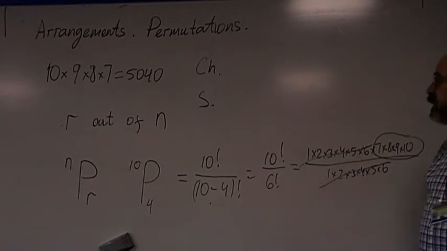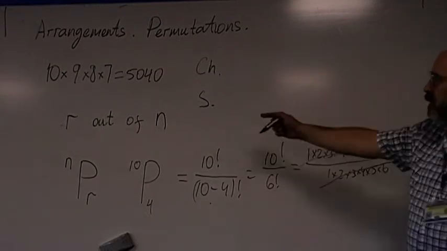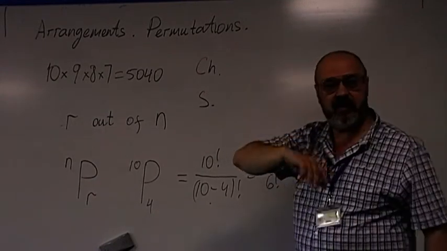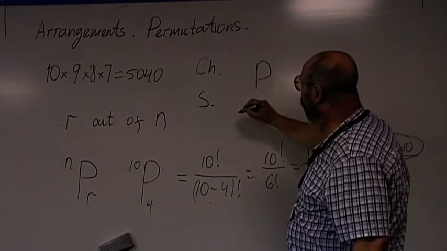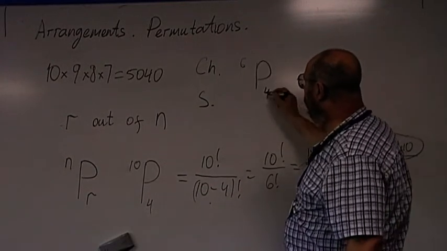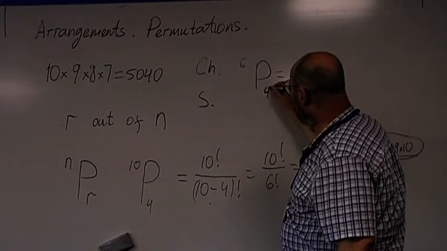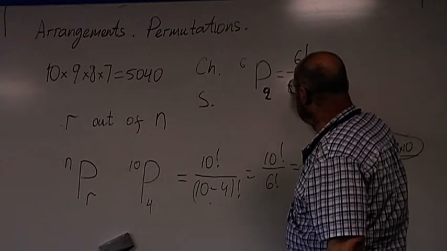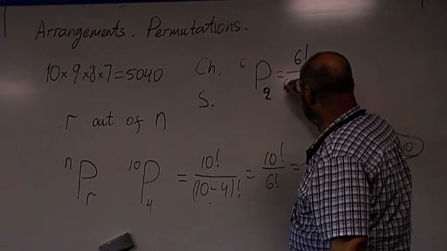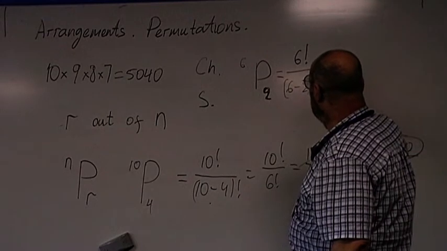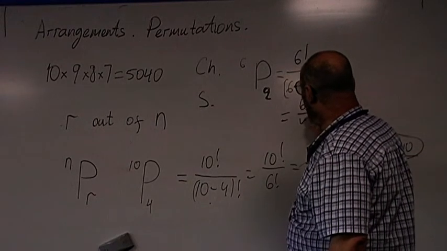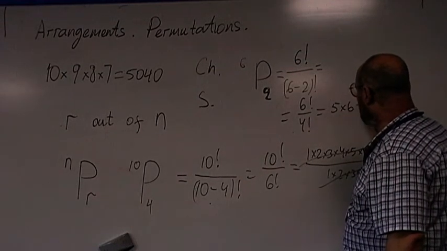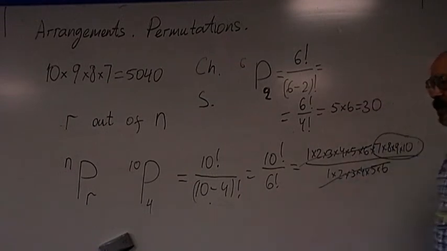That is a permutation: we have 6, choosing 2. It is 6 factorial divided by 6 minus 2 factorial, so 6 factorial over 4 factorial. After cancelling out, it leaves only 5 times 6, equal to 30 different ways.